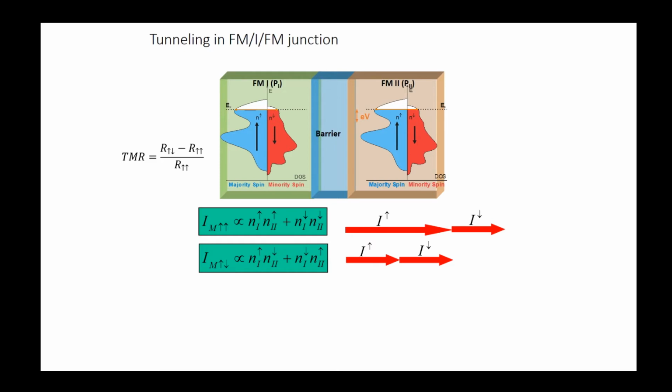Assuming this, if we see the current, that is the number of electrons passing through the MTJ in parallel and anti-parallel configuration, in terms of the product of density of states of the two magnetic layers, we can see that in the anti-parallel case the current is smaller. That means the resistance is higher, and vice versa in the parallel case. This was a simple explanation of the TMR effect so that we are able to talk about STT-MRAM.